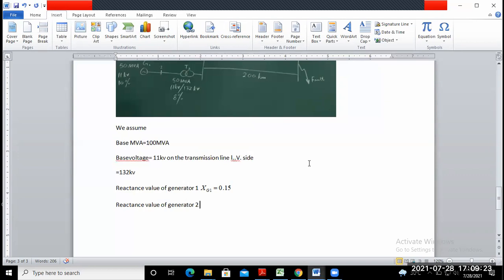Remember how we can represent it in per unit. That means if you have a different base MVA and base voltage, how can we calculate the per unit reactance value for the different base MVA?